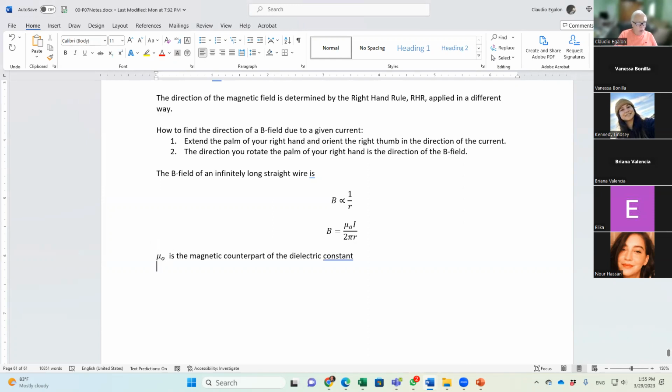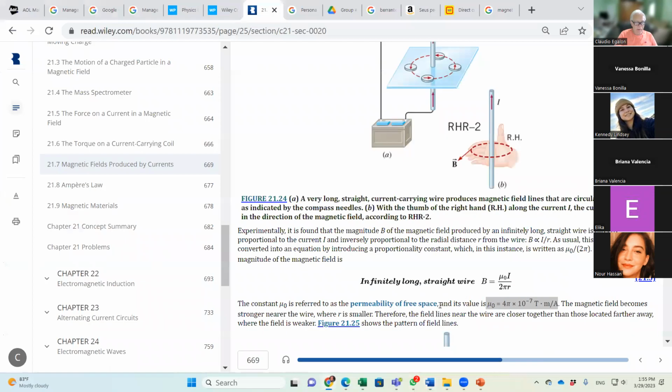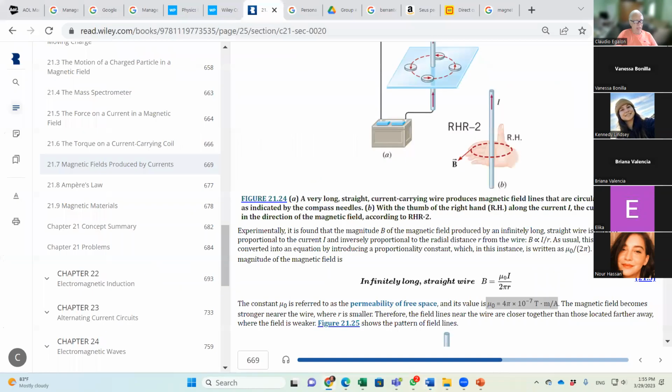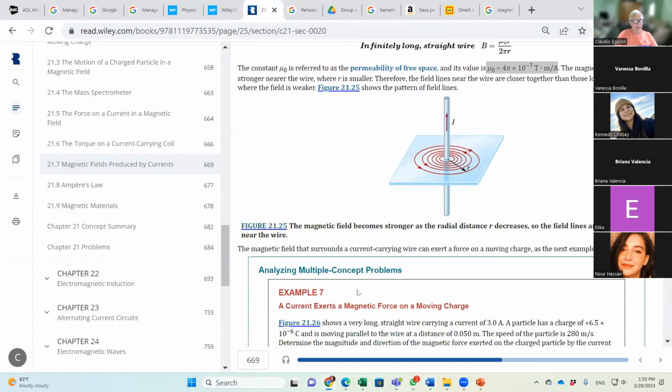What's the name? Take a look here: permeability of free space. It's called the permeability of free space. What does free space mean? The permeability of vacuum. That's what it means. That's one. And the field circulates around the wire.